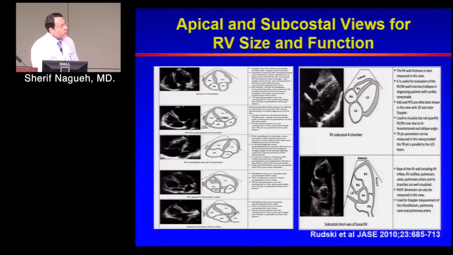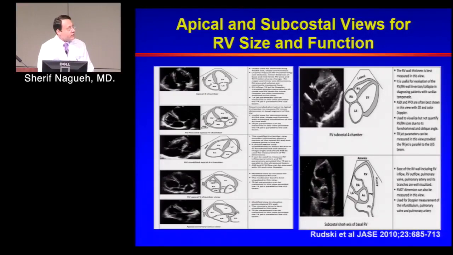The modified view is geared to show you that lateral wall of the RV. As you look at this view, it is not a perpendicular view, it's an oblique alignment with the heart. So size-wise, it is not the view you want to use to measure RV dimensions.